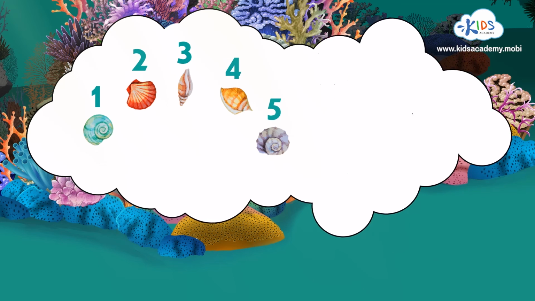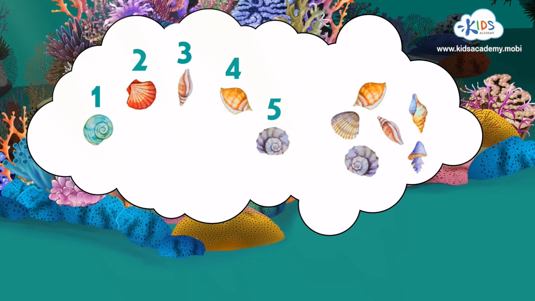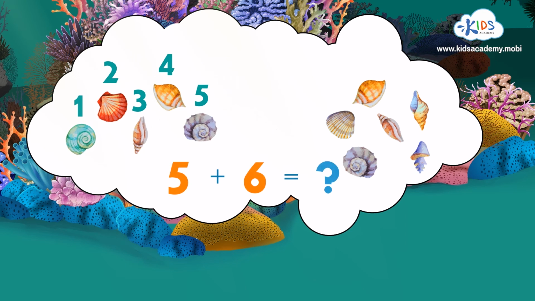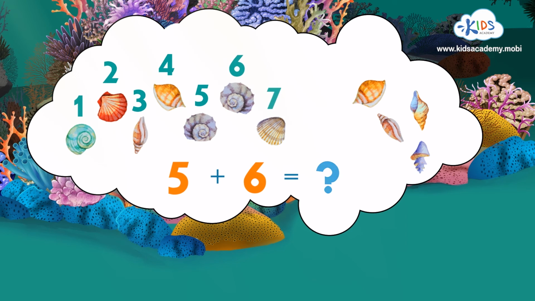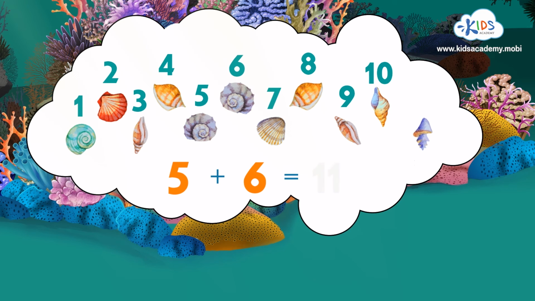Right! There are 6 in the sand. How many shells have we got now? Well, let's see. We started with 5 and added 6 more. 1, 2, 3, 4, 5, plus 6 more makes 6, 7, 8, 9, 10, 11 seashells in all.